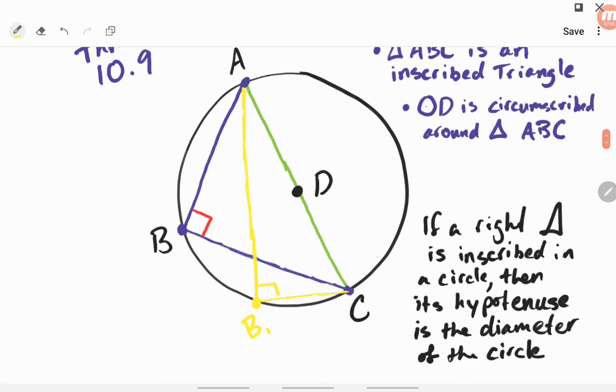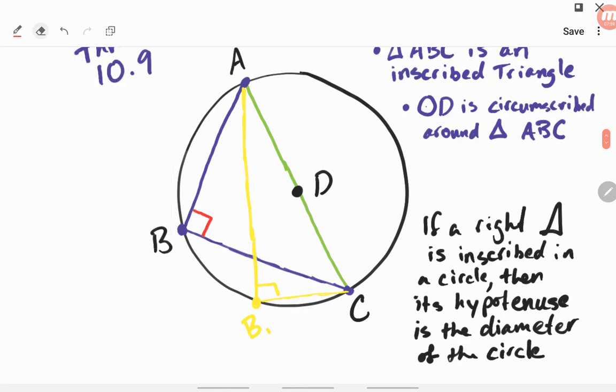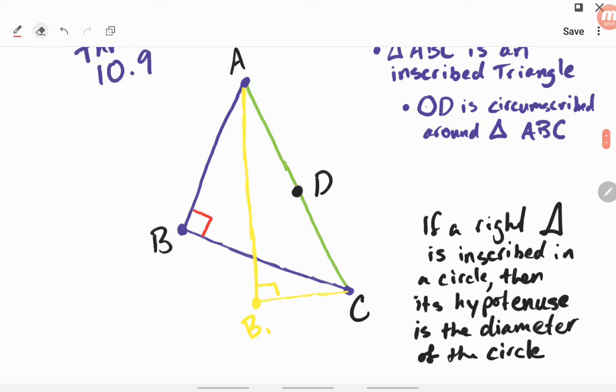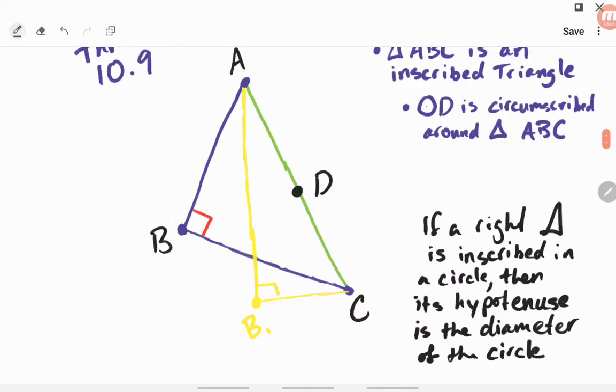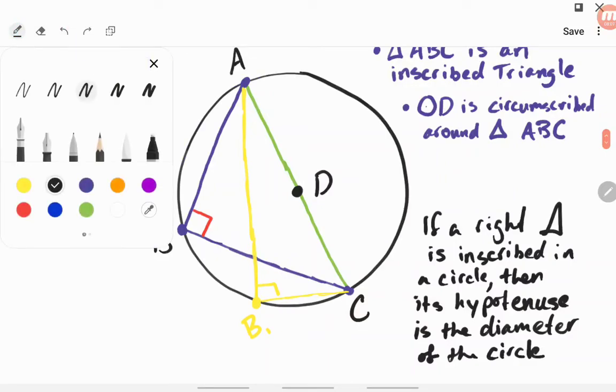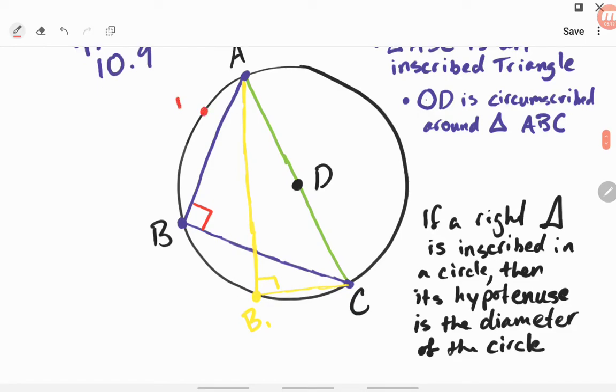So I could even move it over, let's go with a different color here, I could move it over to here. Oops, didn't want to erase that. That's all right, we can come back with it. Boom. If I wanted to put B here, I could connect B to these points, and look, we still have a right triangle.